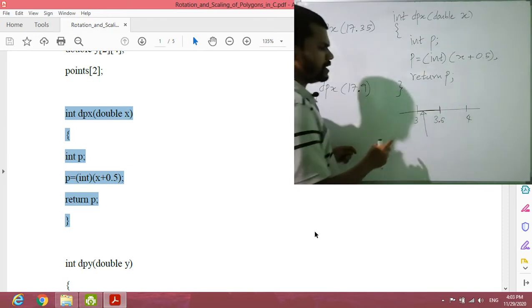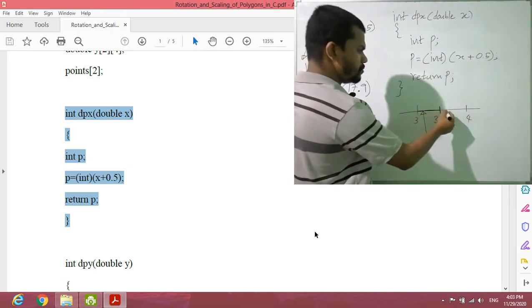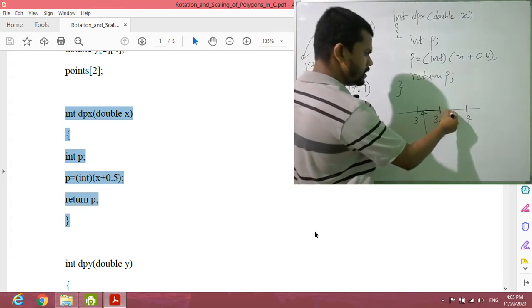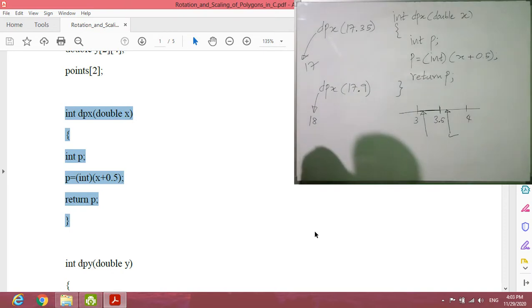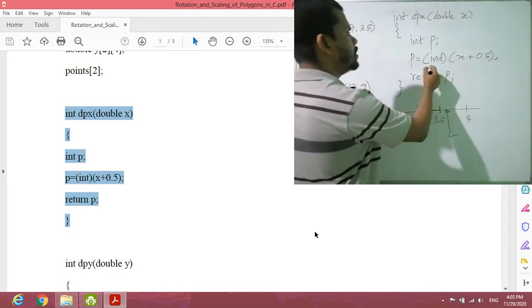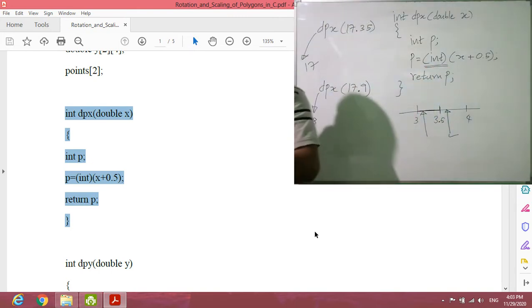Adding 0.5 means it will come to here, the new position. Then, using this part, we discard the decimal part.